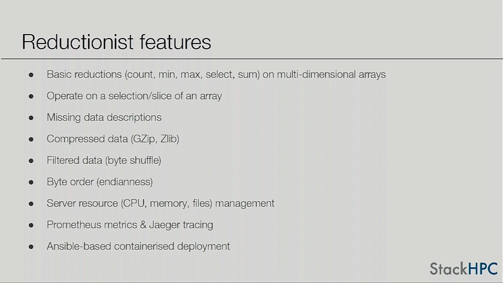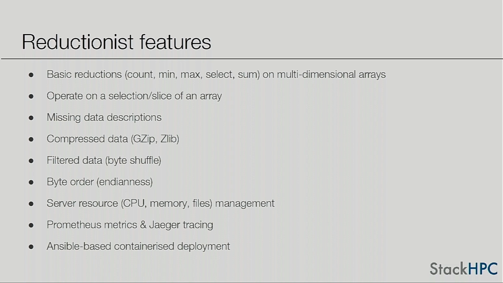We've got a bunch of different features in Reductionist. Apart from the standard numerical reductions I mentioned, you can operate on a subset of an array, a slice or a selection. It knows various different types of ways to describe missing data. It knows how to decompress data in zlib and gzip formats and reverse a byte shuffle filter. If it was stored using a different endianness, then it can reverse that.